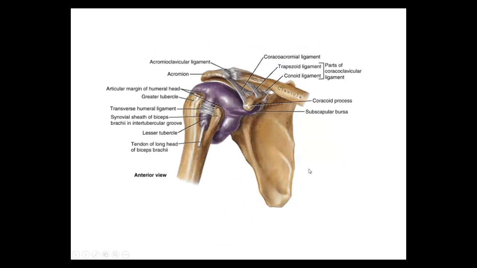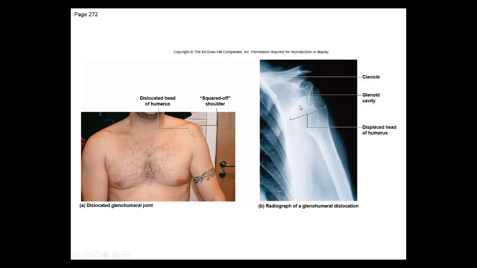Okay, I included different pictures for you just to show you how the ligaments look, but it's pretty much what we described, and you can have a look at them at your own time to see those ligaments very clearly as we indicated.